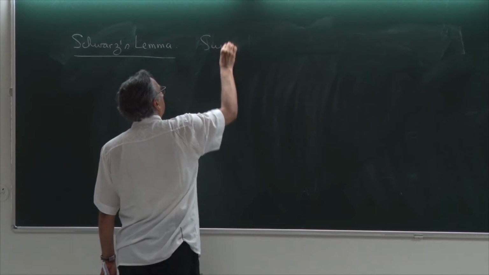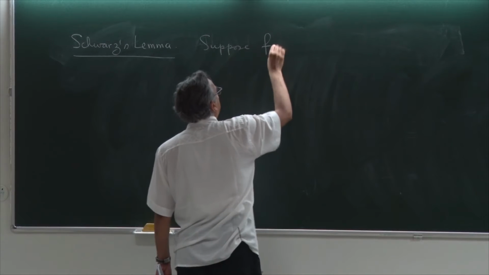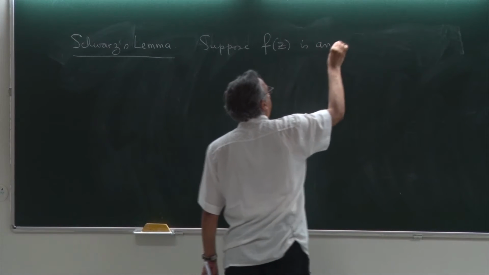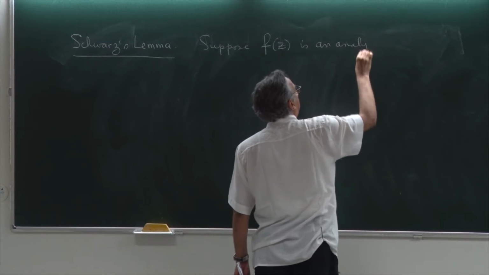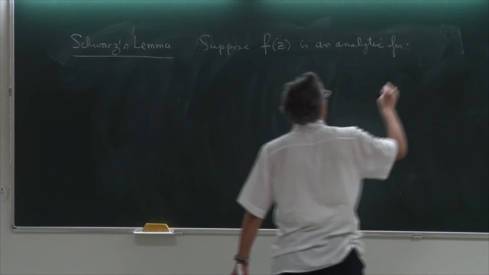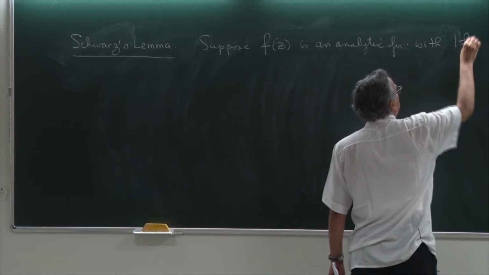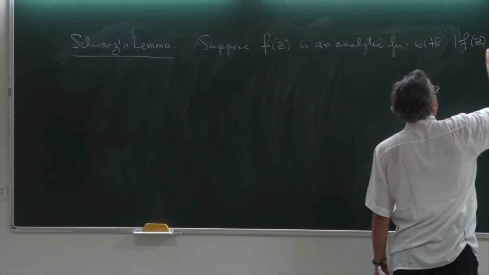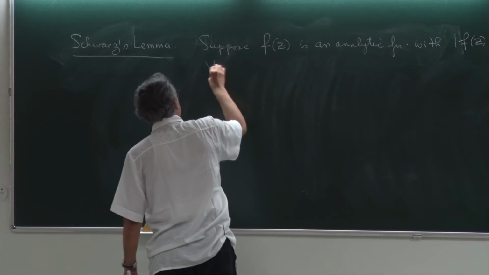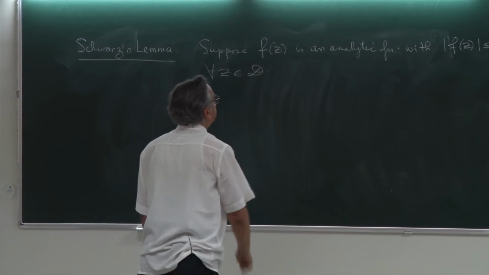Suppose f of z is an analytic function with mod f of z less than or equal to 1 for all z inside the unit disk.